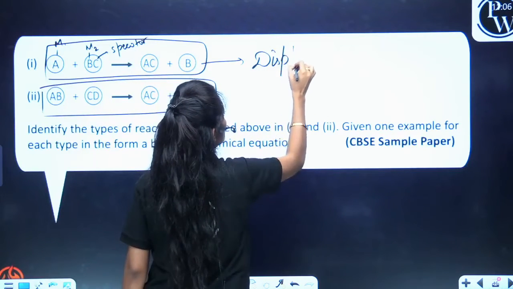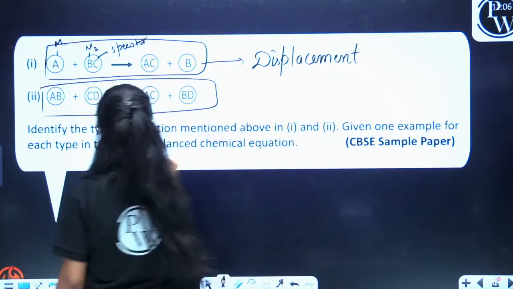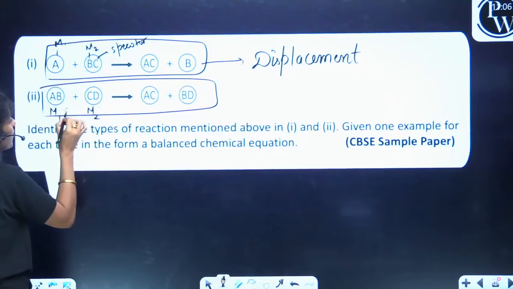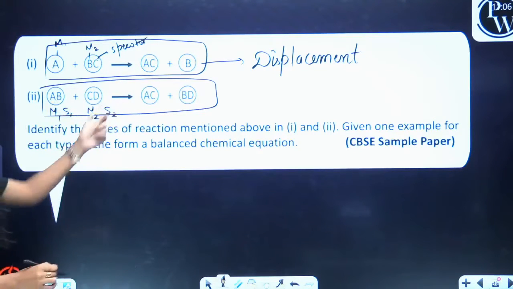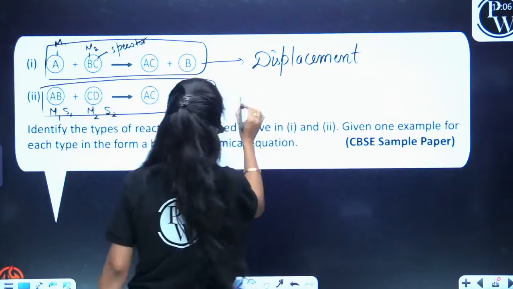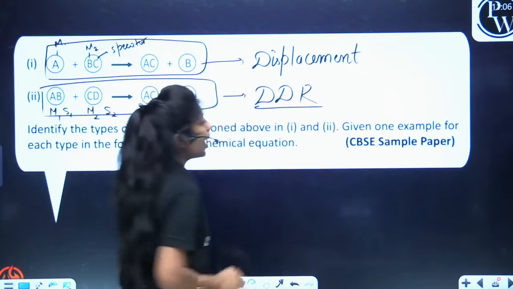Tell me yes or no. Displacement reaction. Okay. Now I have metal 1, metal 2, ion 1, ion 2, and I can clearly see that these ions are exchanged. So what kind of reaction is it? This is a double displacement reaction. Are we good with this?